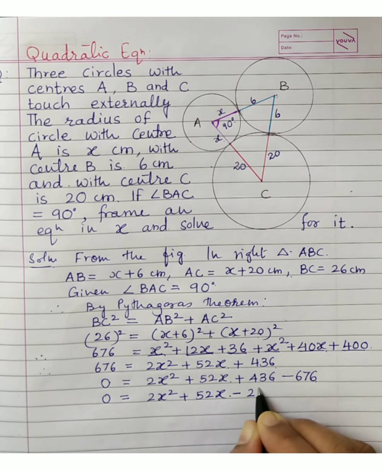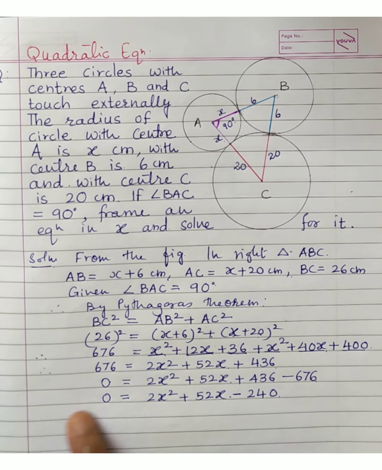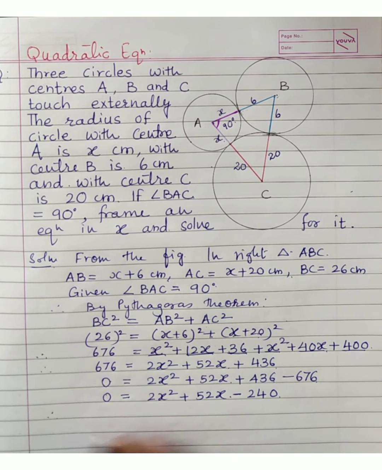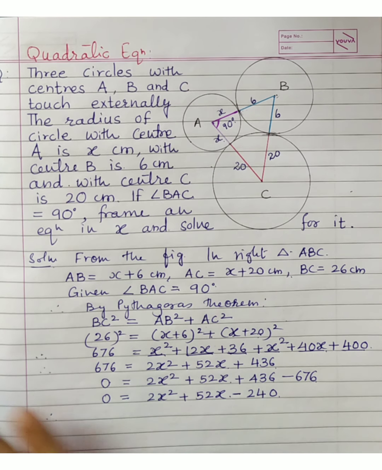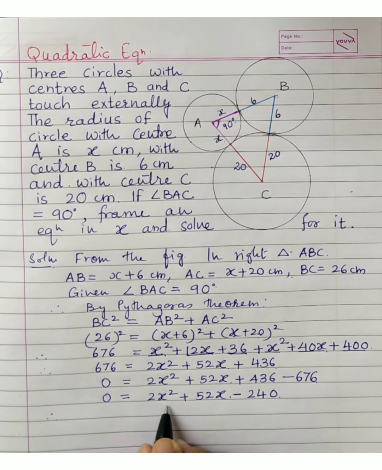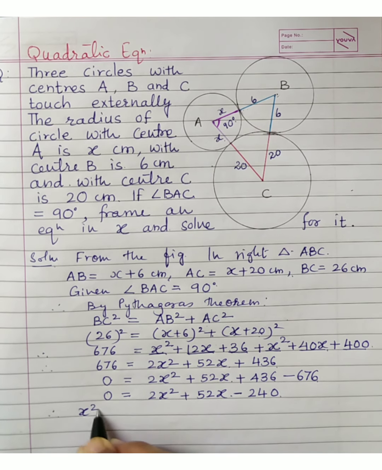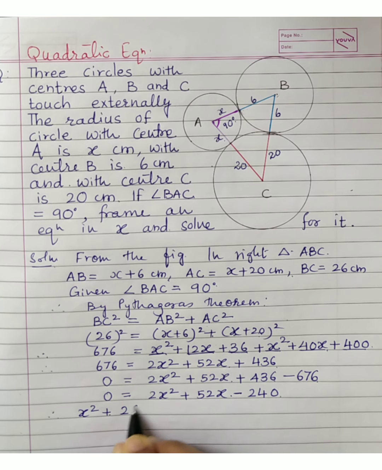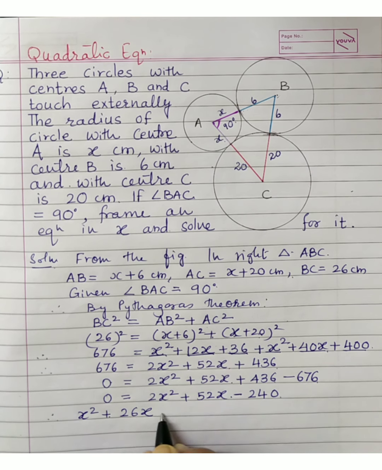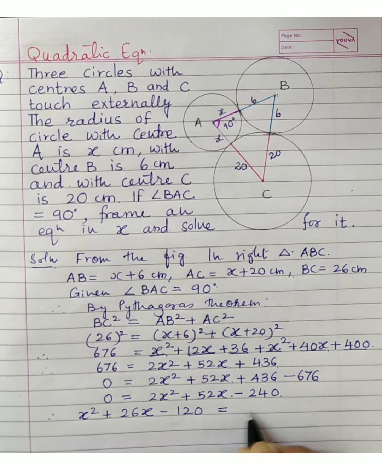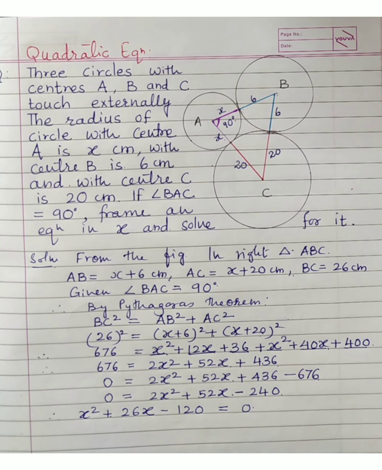Negative 240. This equation can be simplified by dividing by 2. So I am dividing the whole equation by 2 and also exchanging the sides so that I can write it in the proper form. So this becomes x square plus 52 divided by 2, that gives you 26x, minus 240 by 2, 120, is equal to 0. So this is our next step obtained.